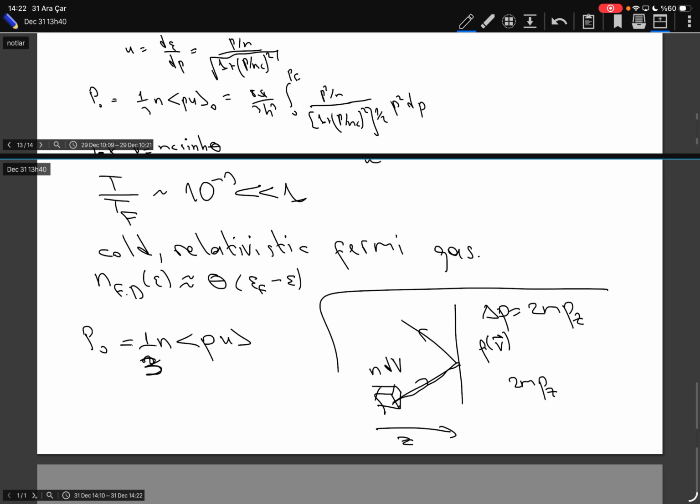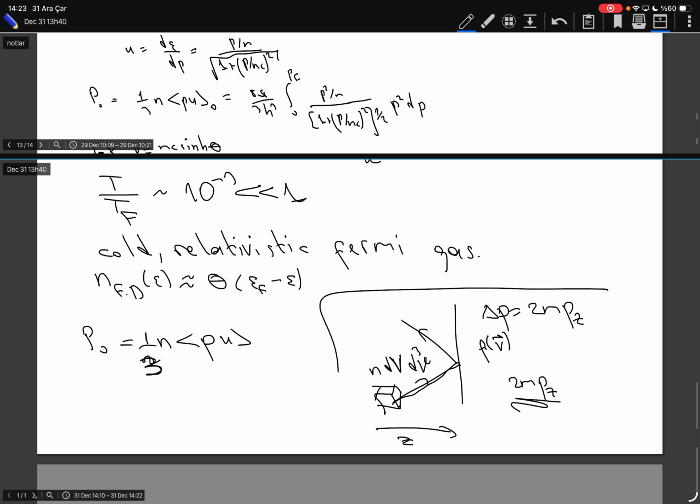This is within a volume, let's say d cubed v. The small v is the velocity. The particles whose velocity is within this d cubed v volume in velocity space will move towards my surface. And they will impart a momentum given by this expression.